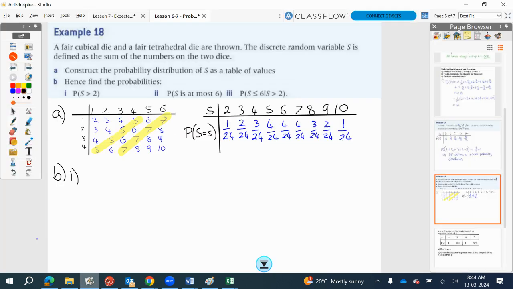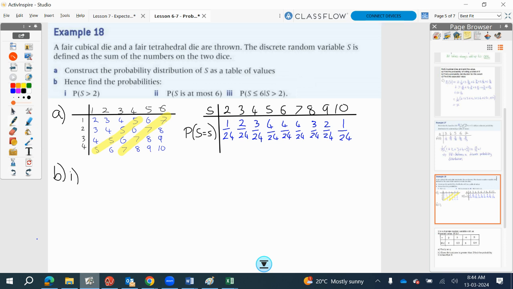All right, let's have a look. So firstly, we need the probability that S is greater than 2. Probably the smart thing to do is not to add up all of these probabilities. That would be foolish, because if you notice I'm only missing 1. Why not just take this probability and take it from 1?